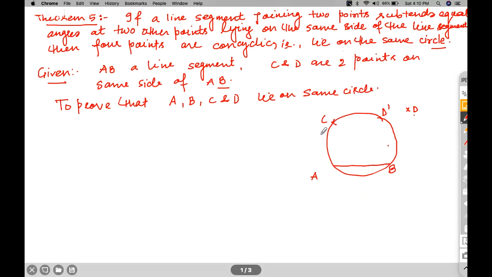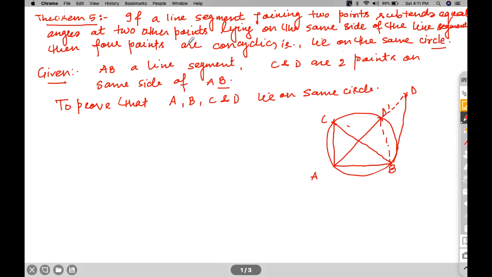So for that, let me take this point here so that I can make this at same line. So this point D is there.